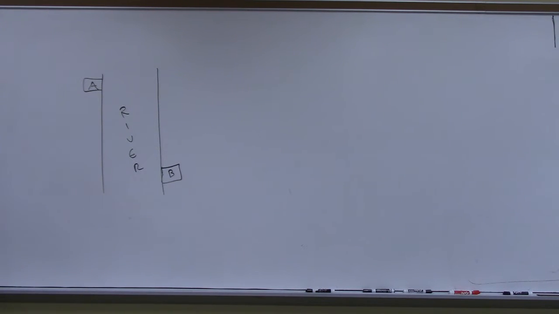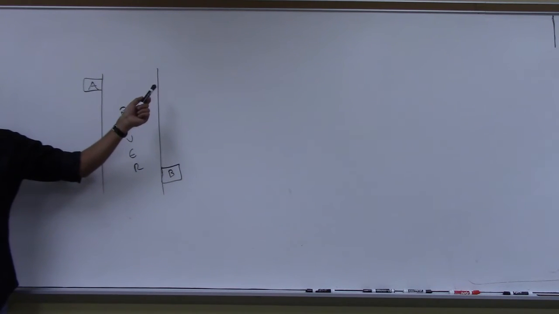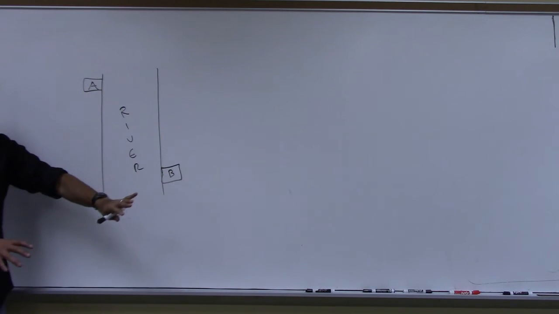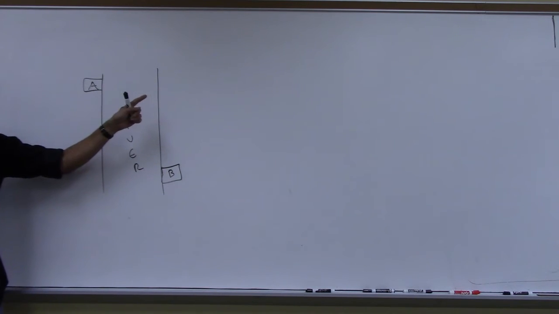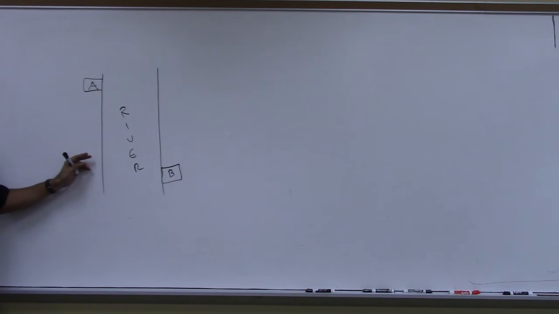So we get some company out there and they tell us it's going to cost a certain amount of money to run this cable underwater because it's very expensive to put waterproof housing for the cable underneath the water. It's a lot cheaper to go across the land. So how should we build it so that it costs the least? That's one problem we could do.